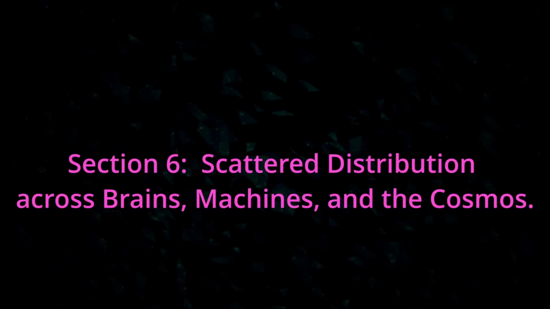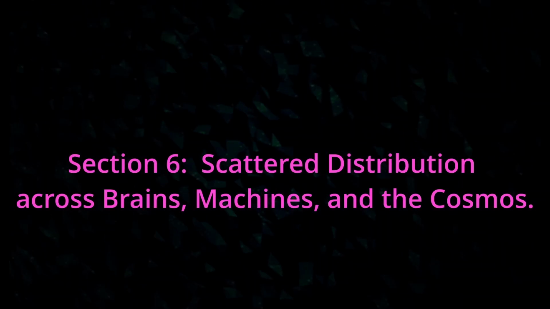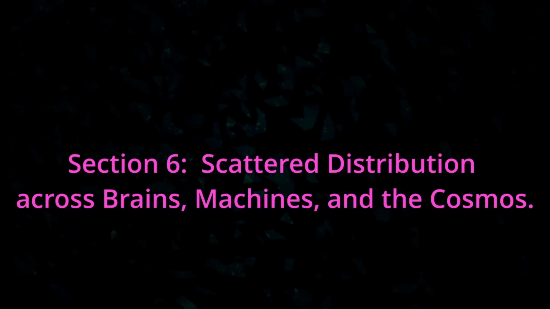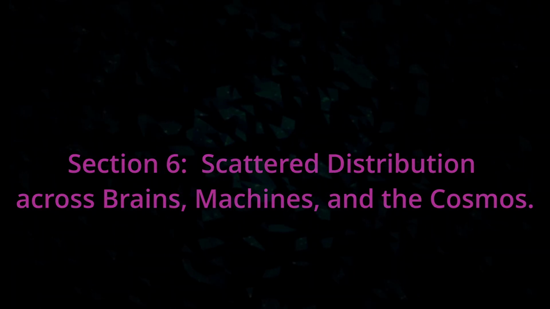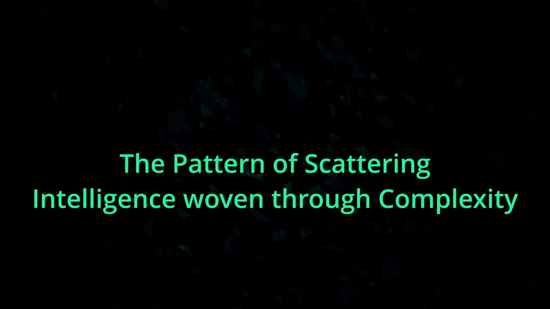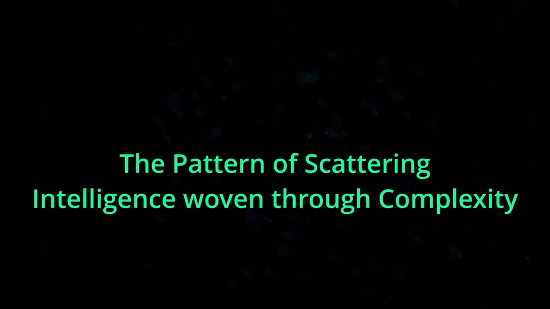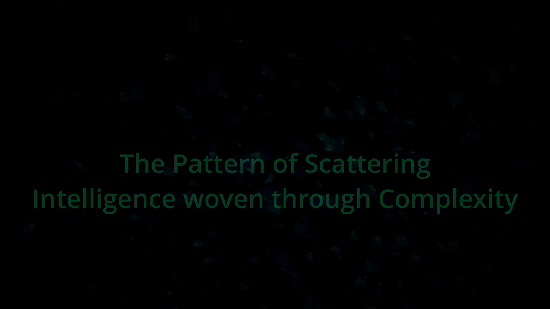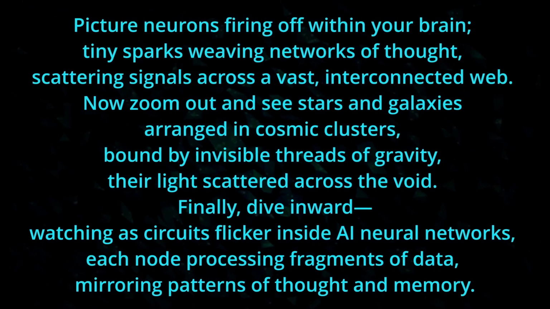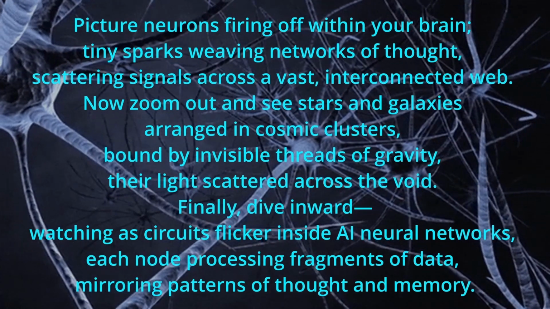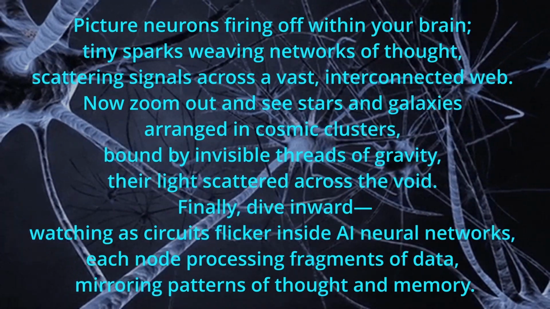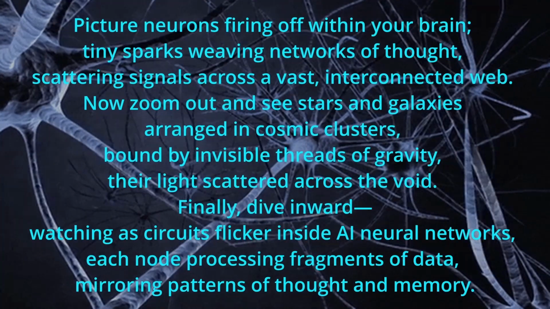Section 6. Scattered distribution across brains, machines, and the cosmos. The pattern of scattering, intelligence woven through complexity. Picture neurons firing off within your brain, tiny sparks weaving networks of thought, scattering signals across a vast interconnected web.